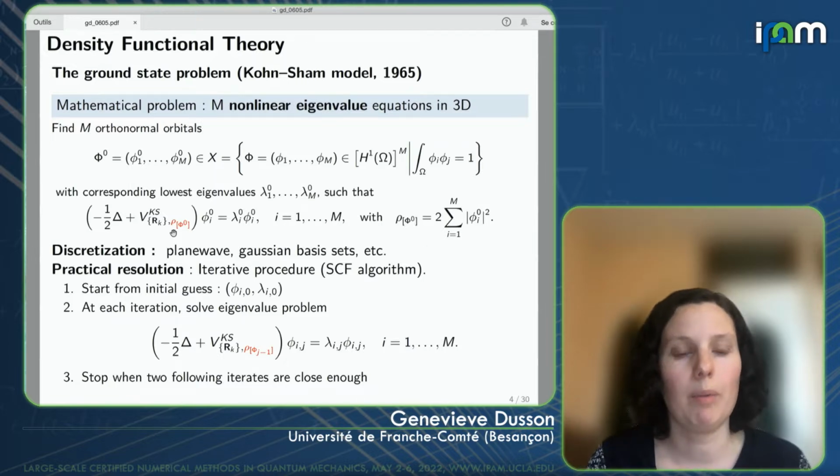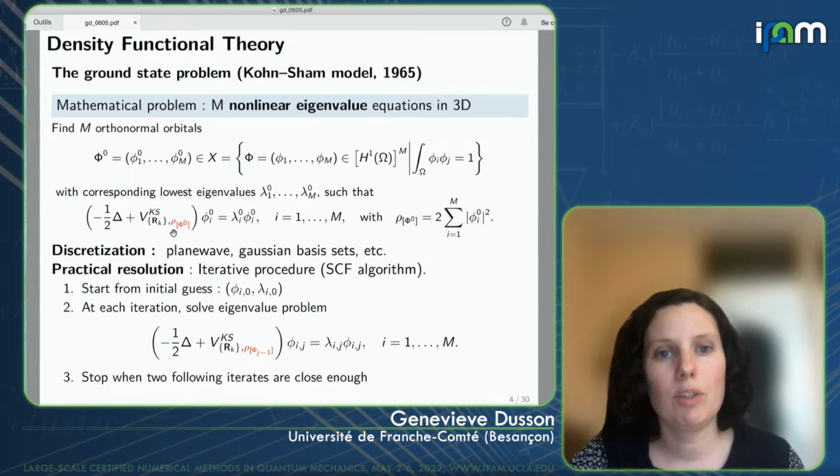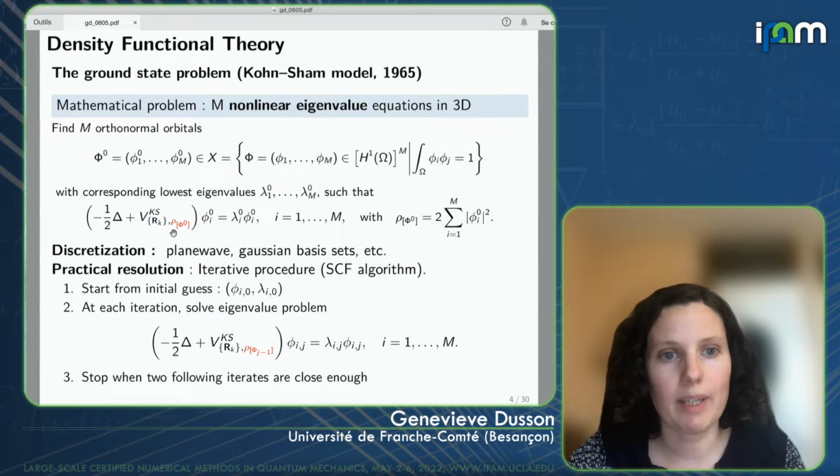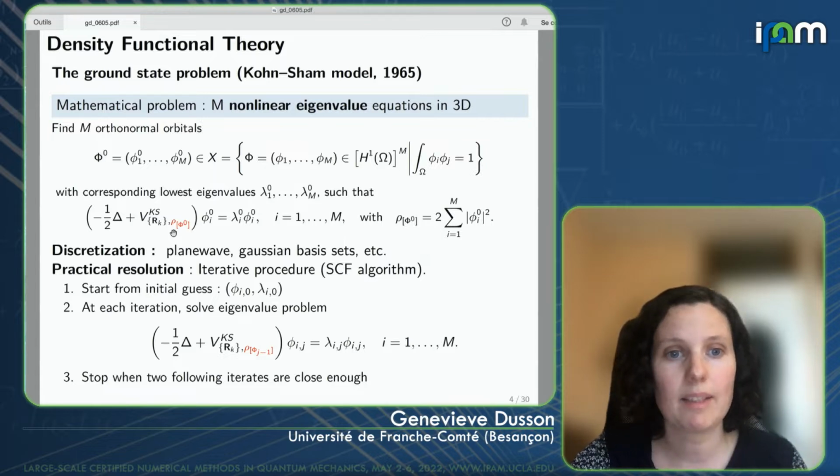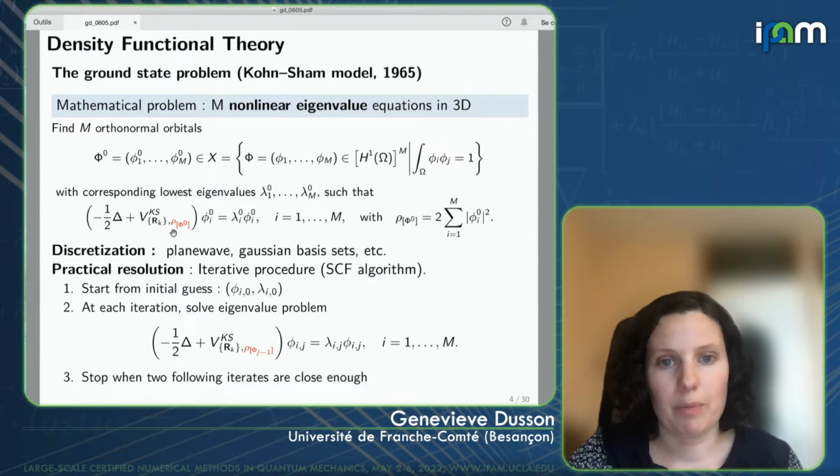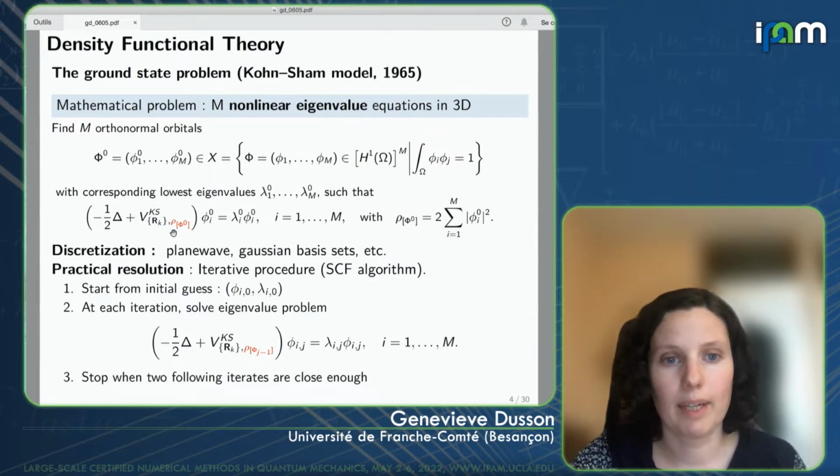To solve the problem in practice, we first need to discretize it, using, for example, planewaves or Gaussian basis sets, and then solve this nonlinear eigenvalue problem using an iterative procedure called the self-consistent field algorithm.